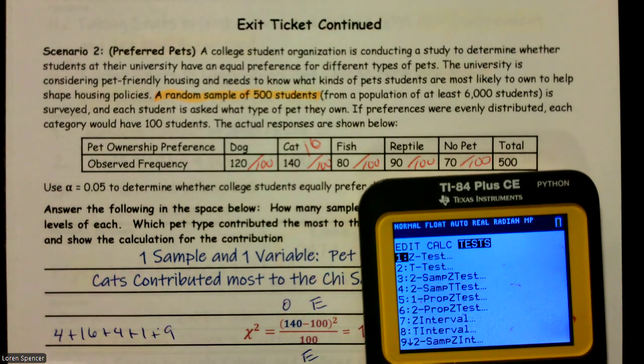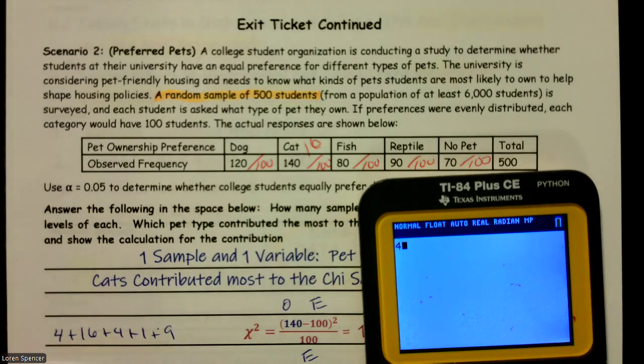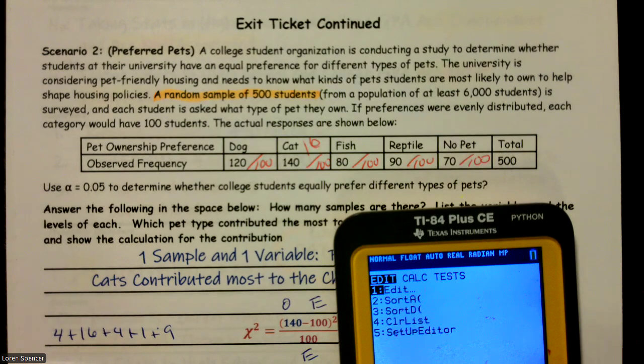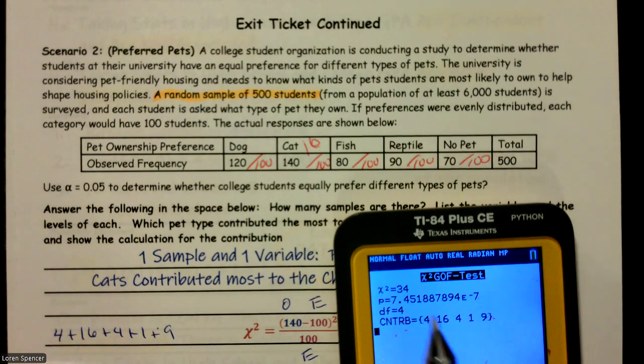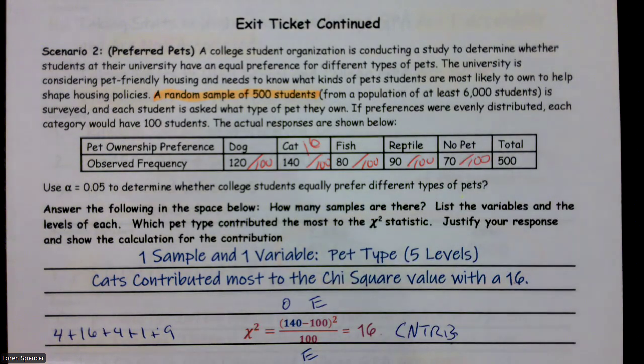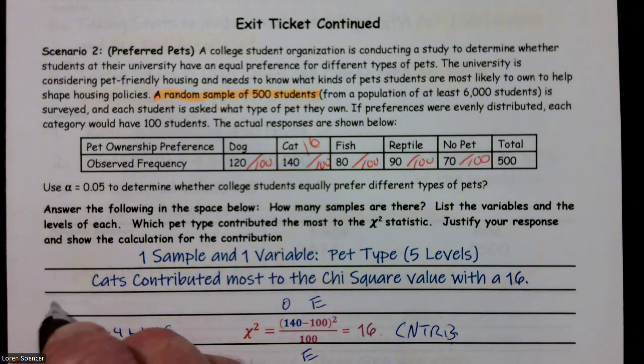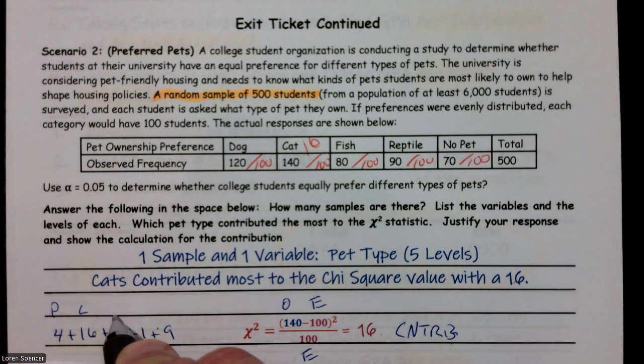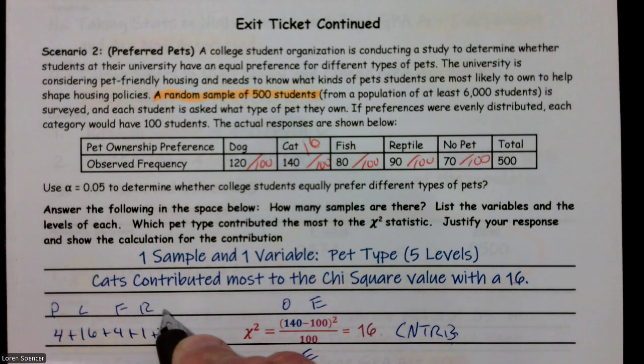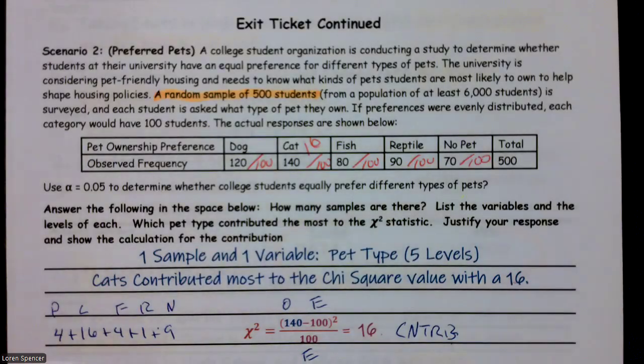That equals 34. Because remember, the contributions sum up to the actual chi-square value. And this was dogs had a 4, cats had a 16, fish had a 4, reptiles had a 1, and no pets had a 9.